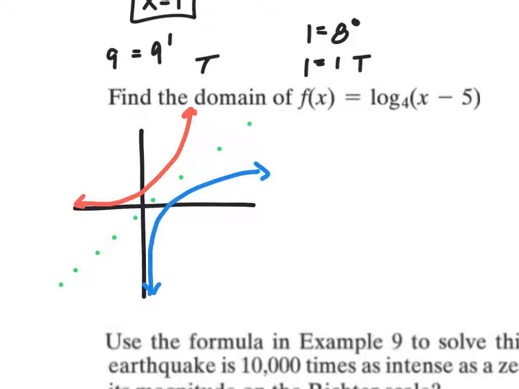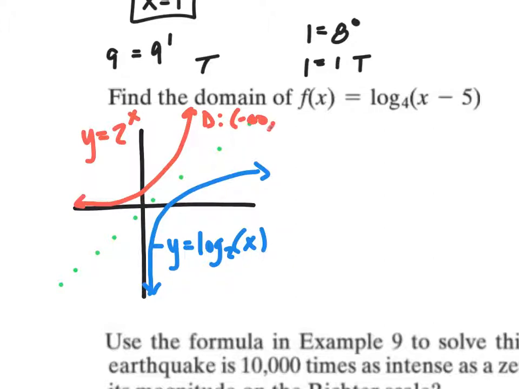And here's the idea. Let's call this y equals 2 to the x, and this one down here would be y equals log base 2 of x. Remember, the domain of my red function goes from negative infinity to positive infinity, but my range goes from 0 to infinity.